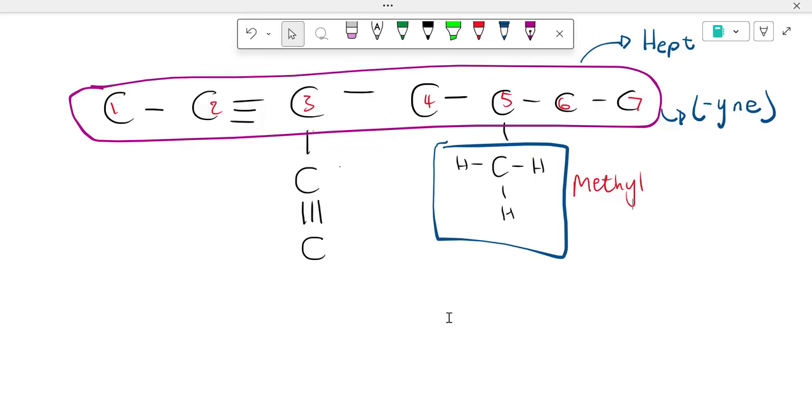Substituents like your methyl, your ethyl, your propyl do not take preference. They're not dominant, so you don't consider them. They come after. We need to focus on the functional groups when we start counting, right? So notice how I counted from the left to the right, because number 2 is smaller than number 3.